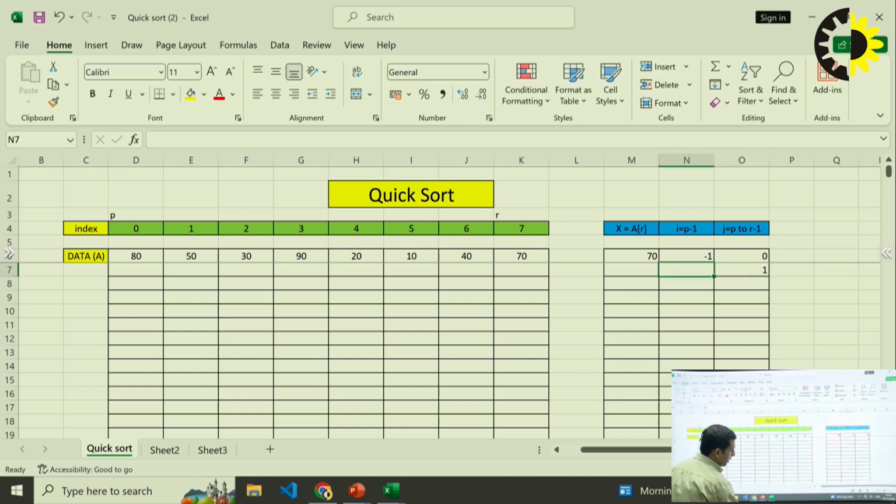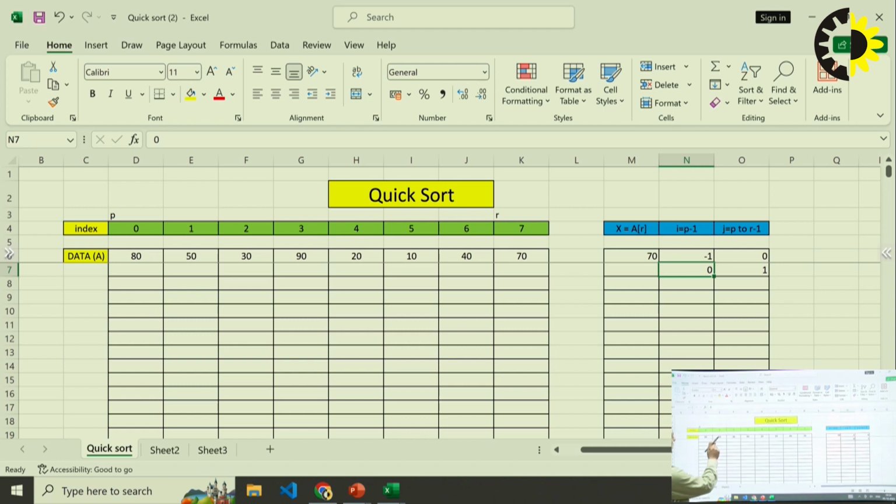Now compare 70 with the element indicated by J. This is 50, which is less than 70. Then just increment I, meaning minus 1 plus 1, that is 0, and swap the elements at positions 0 and 1, the elements indicated by I and J.